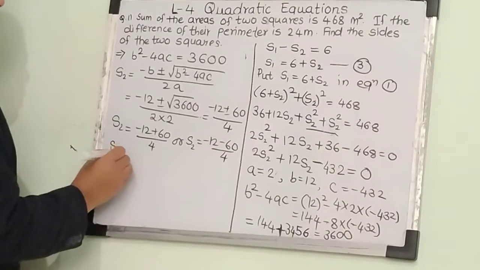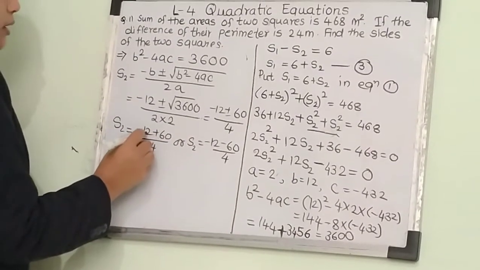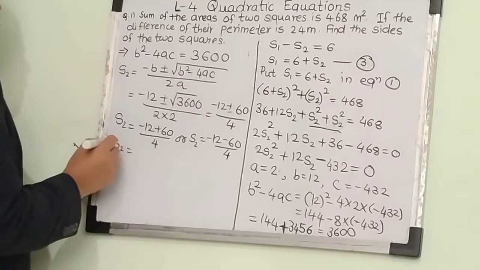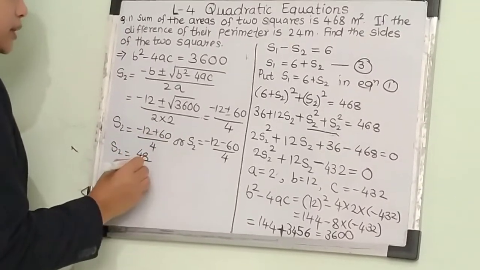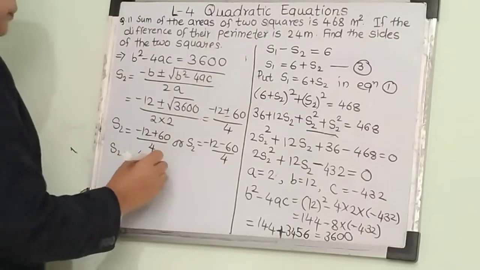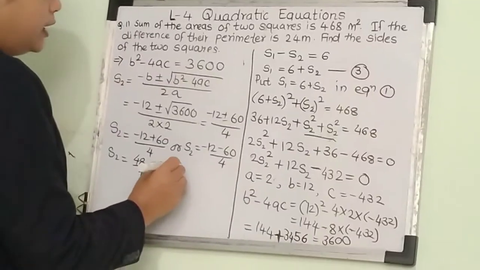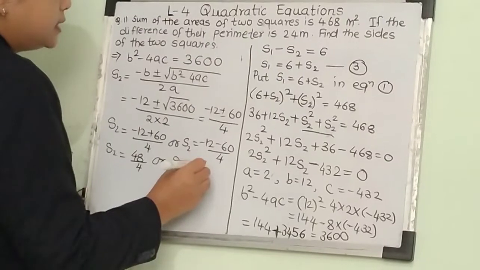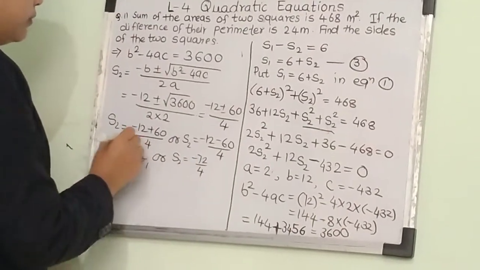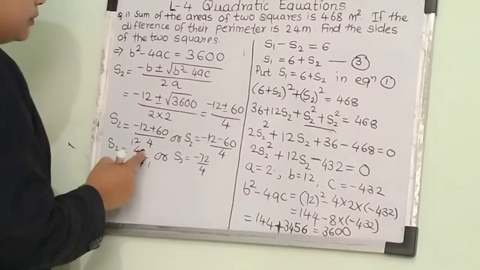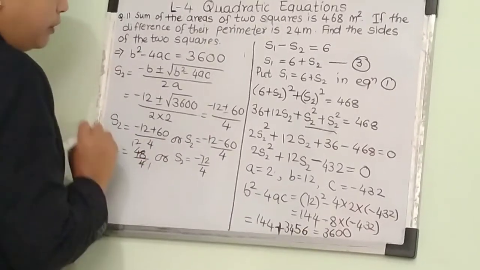So S2 is equal to minus 12 plus 60, here 48 will be left, upon 4, or S2 is equal to minus 72 upon 4. Now 4 ones are 4, 4 twos are 8, so 12 fours are 48.